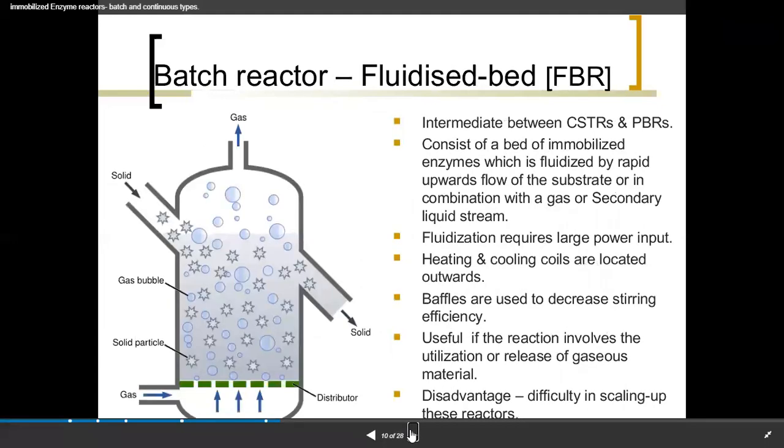Fluidized bed reactors are intermediate between the continuous stirred reactors and packed bed reactors. These consist of a bed of immobilized enzymes which is fluidized by rapid upward flow of the substrate or in combination with gas or a secondary liquid system. Fluidization requires large power input. Heating and cooling coils are located outwards.